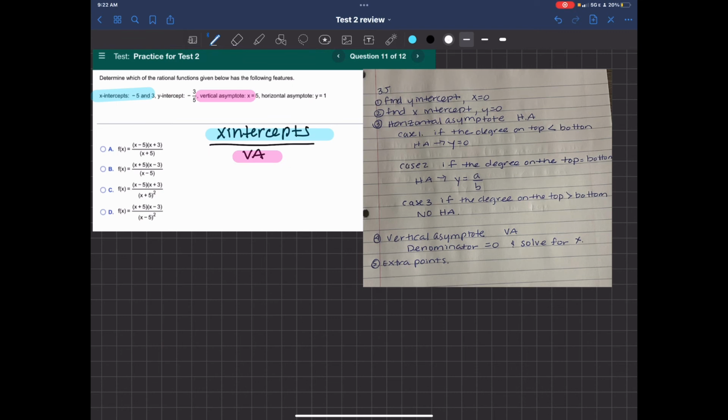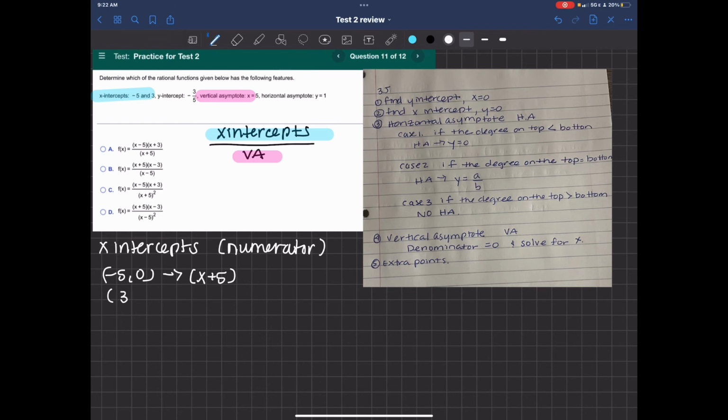So I'm going to build the numerator first with the x-intercepts. So remember, this is the numerator. And so my first intercept is going to be -5, 0. So that means I get x plus 5 because it's always the opposite sign.